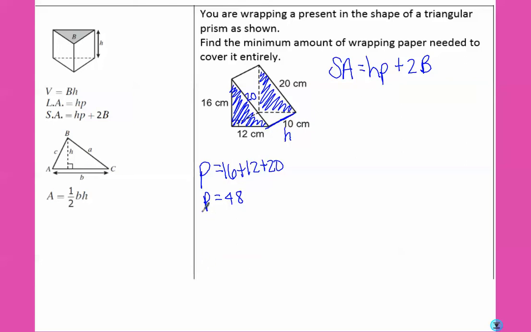Since our base is a triangle, we use the area for a triangle. So the area of the base will equal 1/2 the length of the base times the height of the triangle. Remember, we're just dealing with the triangle in this part, not the h for the prism. So if we redraw it over here, make it a little easier.